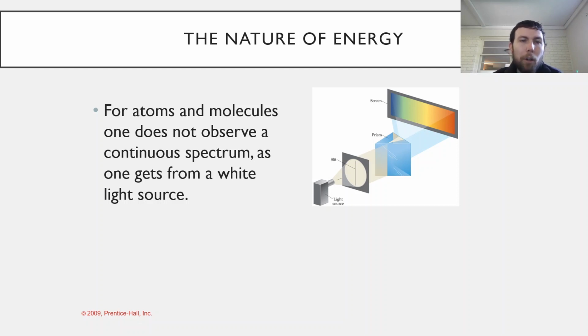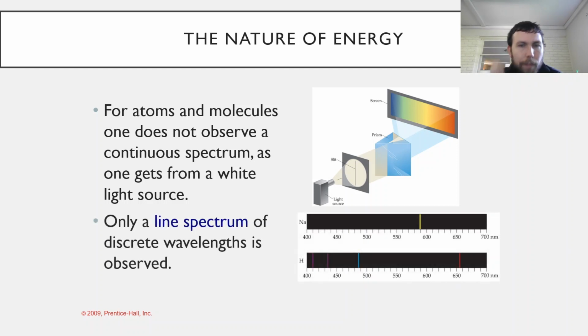But elements and molecules would only give off specific colors of light. Maybe they would give off red, yellow, and green, but wouldn't give off any blue, orange, and purple, right? This was fascinating to chemists because instead of a continuous spectrum, it was giving off a specific amount of light. So is there a connection between these specific wavelengths of light given off and energy that we need to think about?